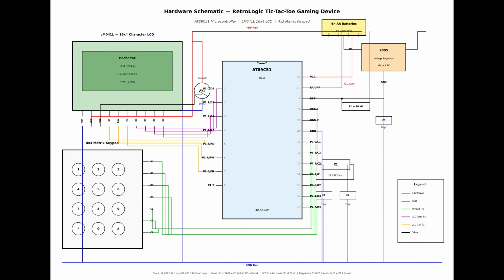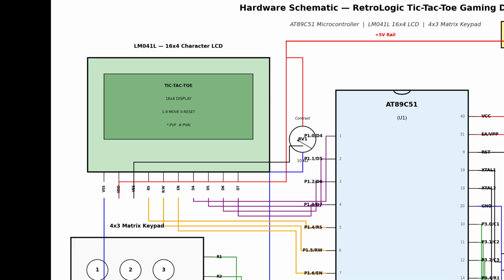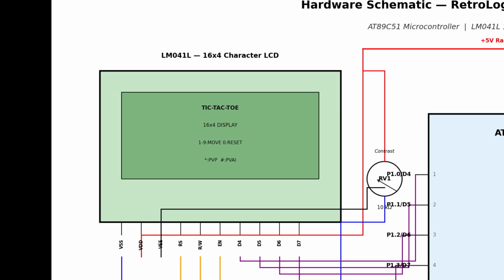For the output unit, we compared the 16 by 4 character LCD, 7 segment displays, and LED matrix. We selected the LM041L, which is a 16 character by 4 row alphanumeric LCD.